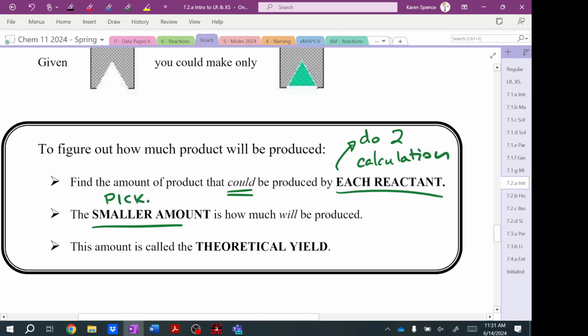Now, what do we call that smaller amount? That is called the theoretical yield. The reason it's called theoretical is because it is the amount that you could make, the maximum amount you could make in theory.